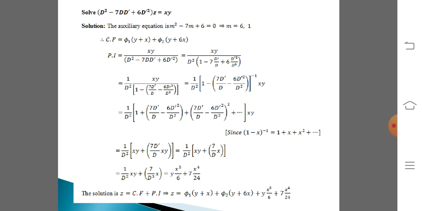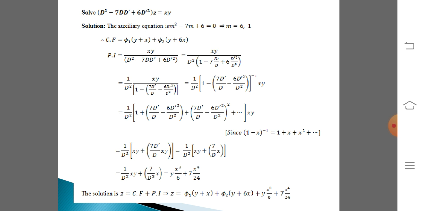So if D squared is taken out from the denominator, then the denominator becomes D square into 1 minus 7DD dash by D square plus 6D dash square by D square. Okay. So after simplifying, you get D square into 1 minus 7D dash by D plus 6D dash square by D square. Okay.